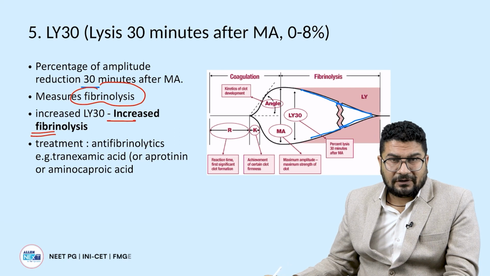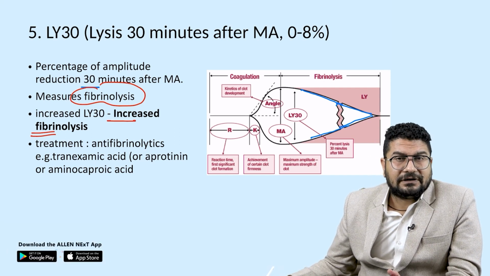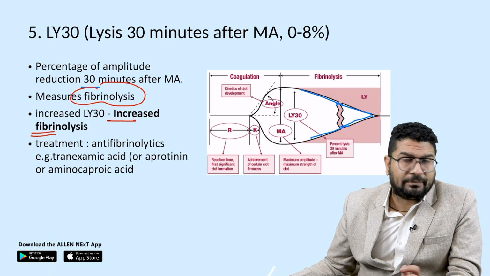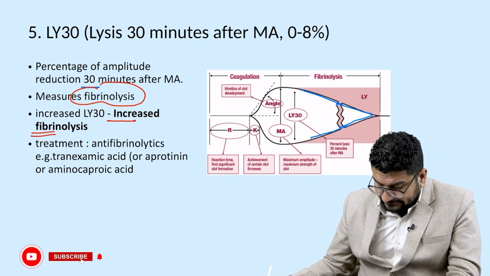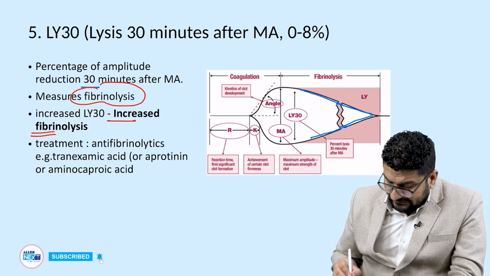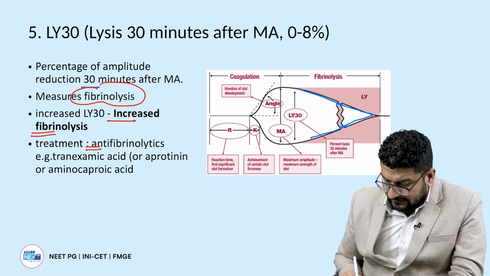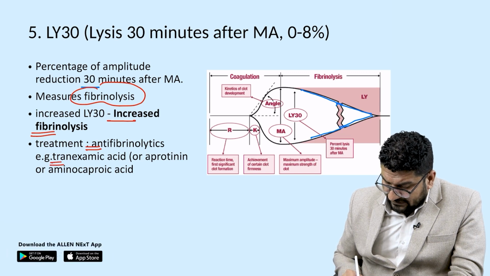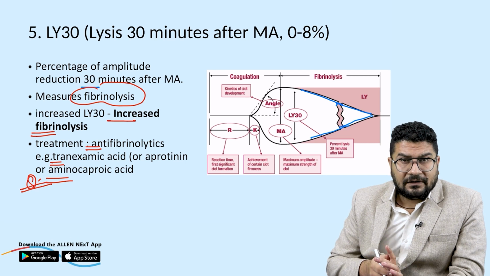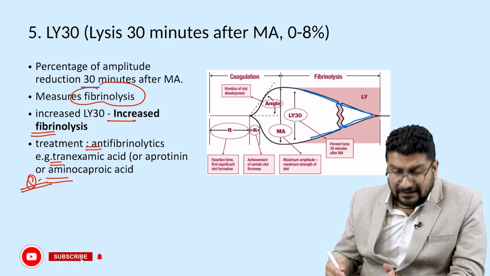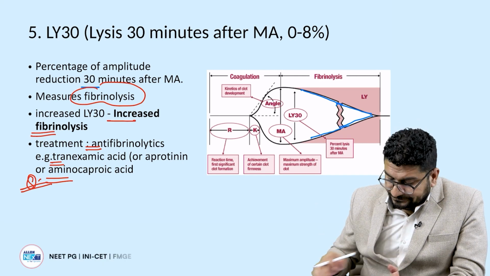It can occur whenever you are doing some sort of thrombolytic, like in stroke patients, or sometimes in MI we do thrombolysis. So if this is increased, then as a treatment we give anti-fibrinolytic drugs like tranexamic acid or aminocaproic acid. ये एक बार MCQ भी आया था, what is the antidote of thrombolytic overdose? That is aminocaproic acid. Epsilon aminocaproic acid is the full name.